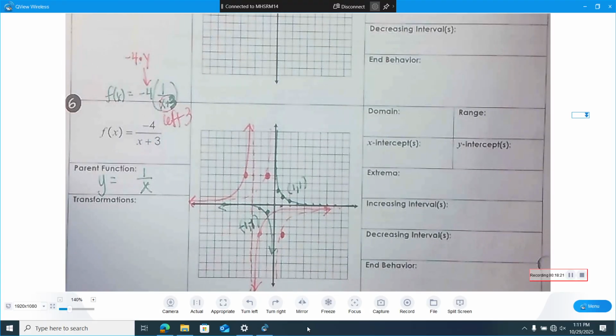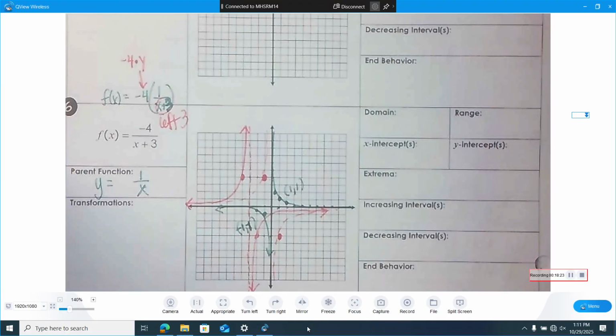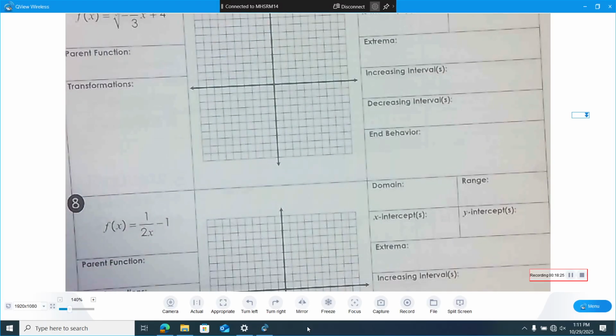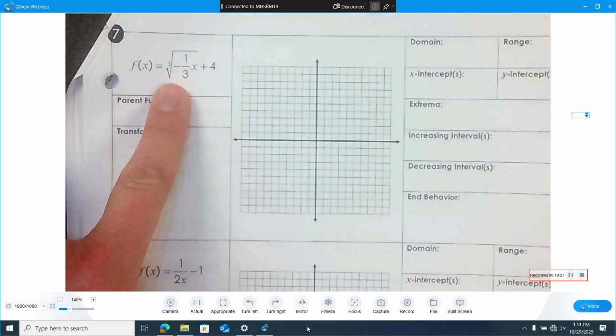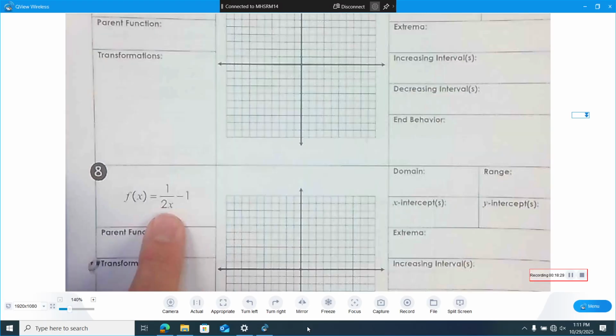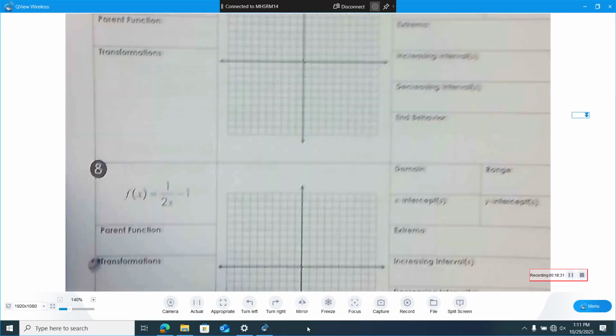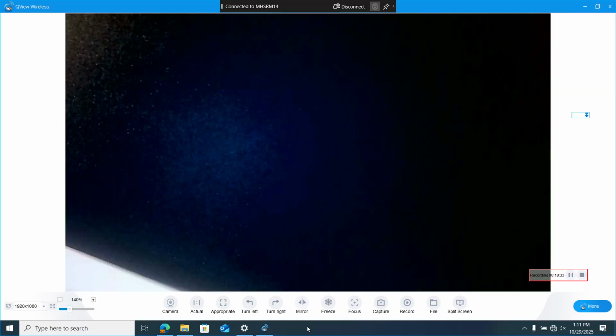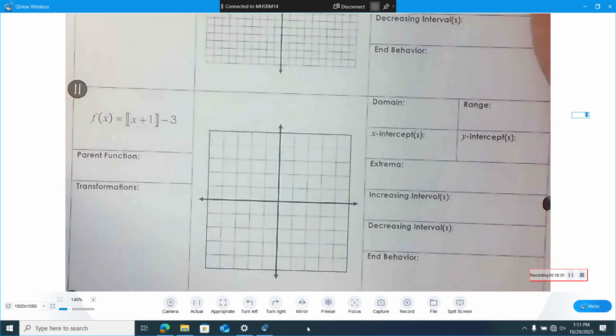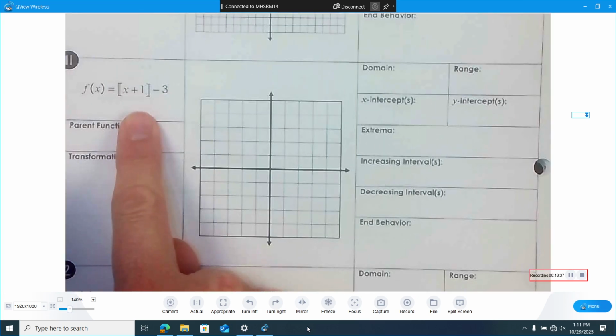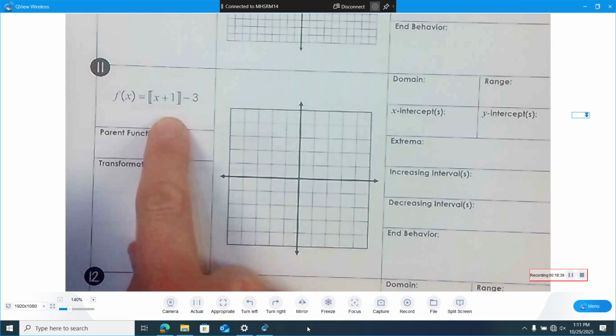Questions on this one? Let's see, this is a cube root. I don't care about that. That's another reciprocal function. Absolute value, we're good with that. What's this one, number 11? The staircase one. Yeah, greatest integer function, staircase.